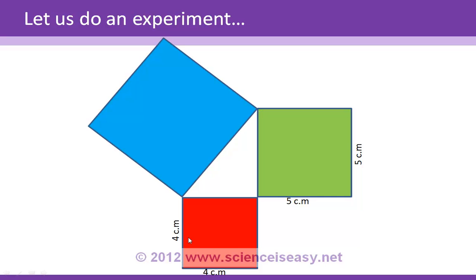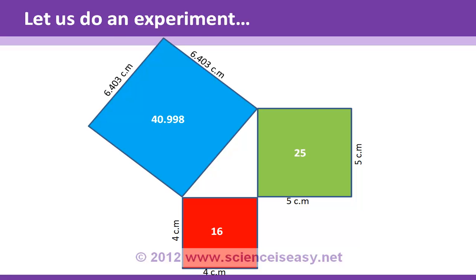And now we know the dimension of the first square and the second square, so let's measure the dimension of the third square. If I can measure it very accurately, it is around 6.403 centimeters. Now we know the dimensions of all three squares. Let's find the areas.